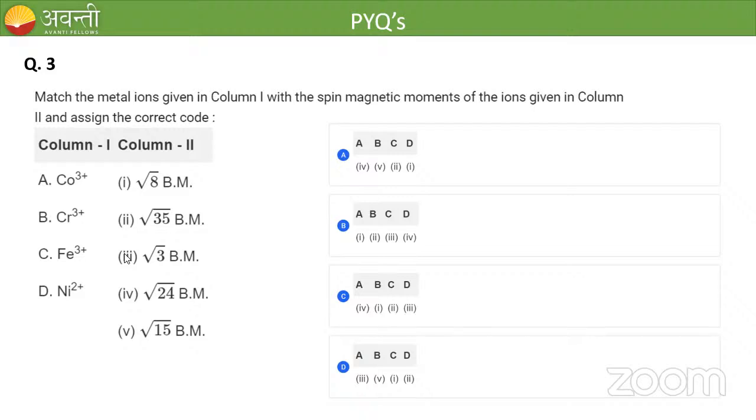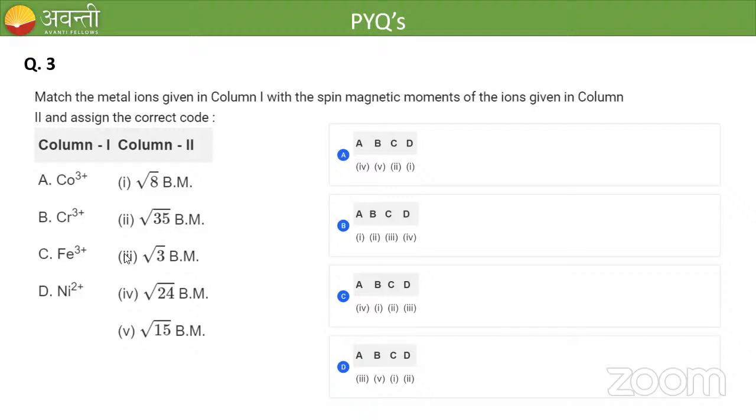Find the correct match. Has anyone got the answer? It's very easy, no?